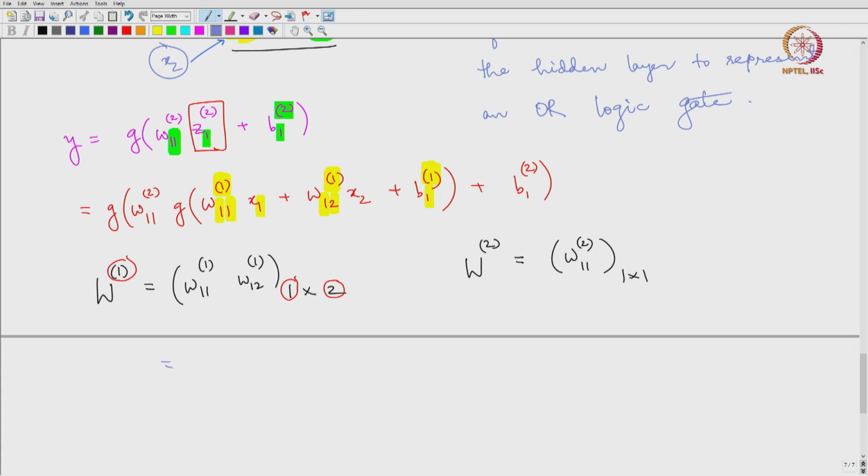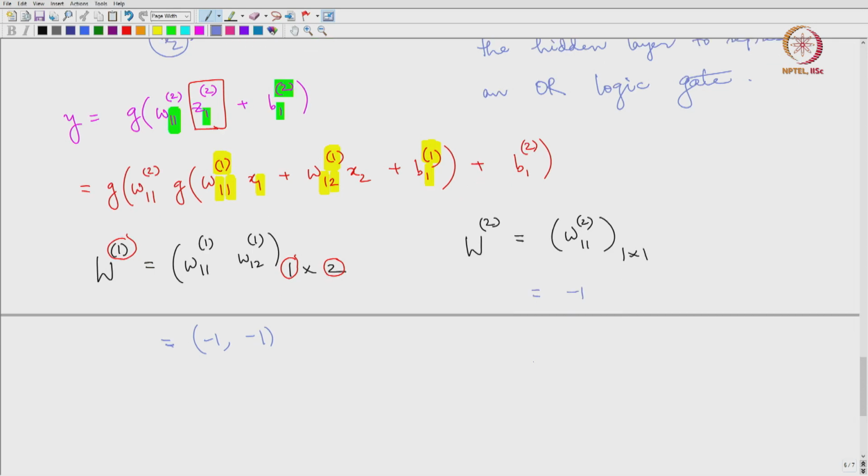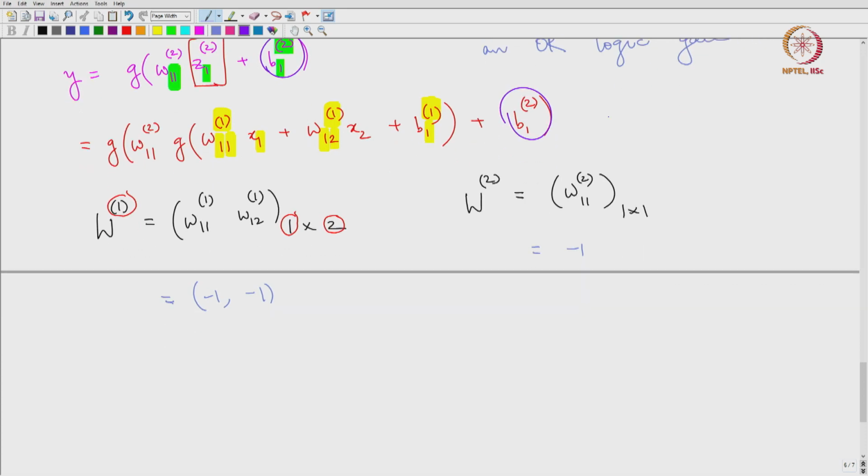However, if you did training, you will find out these numbers. So this is -1, -1 and this is also -1, okay. In addition we have to specify the biases. So the bias from the first layer, there is only one node in the next layer.